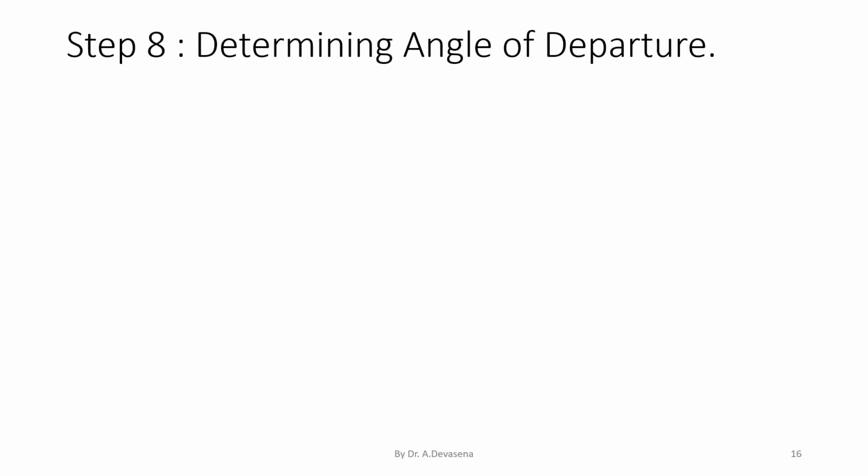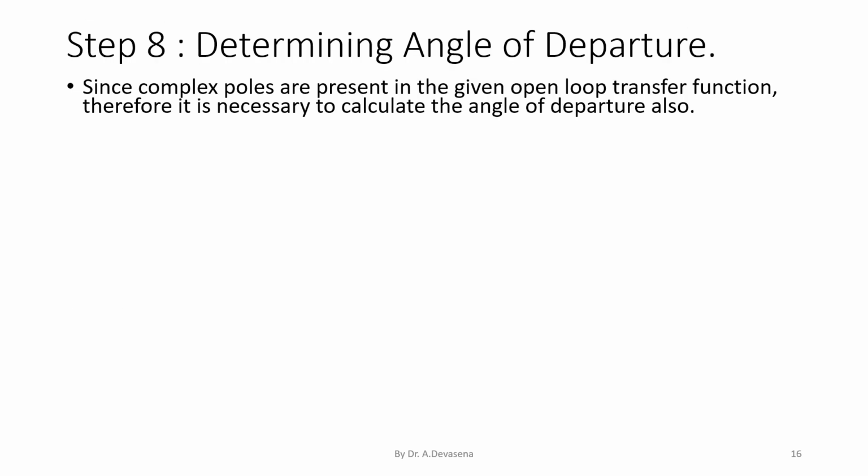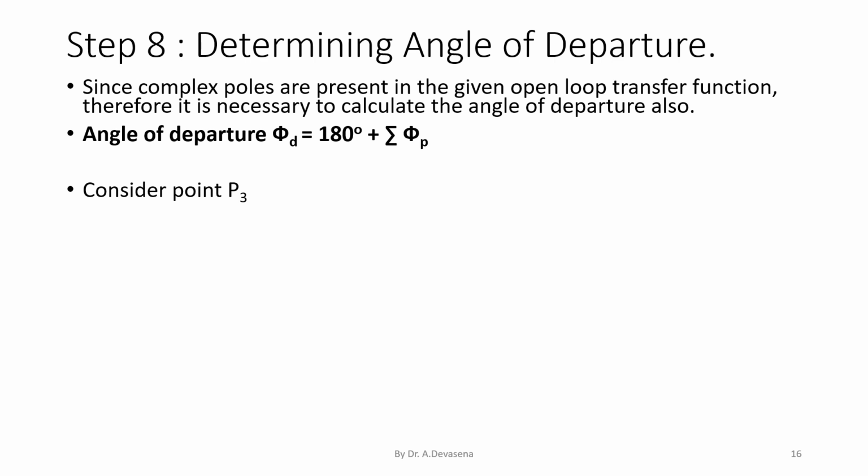Now we are going to determine the angle of departure. Since complex poles are present in the given open loop transfer function, it is necessary to calculate the angle of departure also. The angle of departure formula is phi suffix d is equal to 180 degree plus the sum of phi suffix p. Consider the point P3, the complex pole. The sum of phi suffix p is equal to minus phi suffix p1 minus phi suffix p2 minus phi suffix p4.